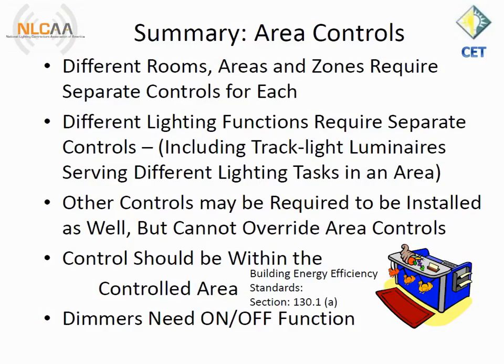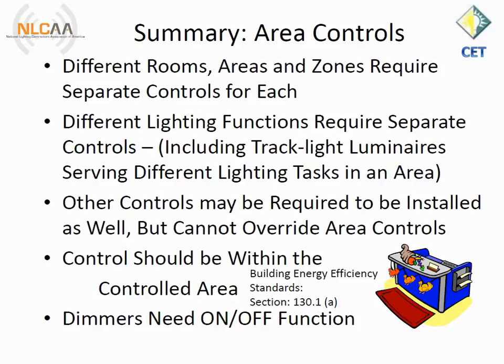Area controls, switches, dimmers, scene controllers, and the like are typically, far too typically, required to be installed in the non-residential function area with the lighting they control. In other words, they are expected to be readily accessible in the area with the lighting. Several lighting control functions in that area will require separate area controls per function.